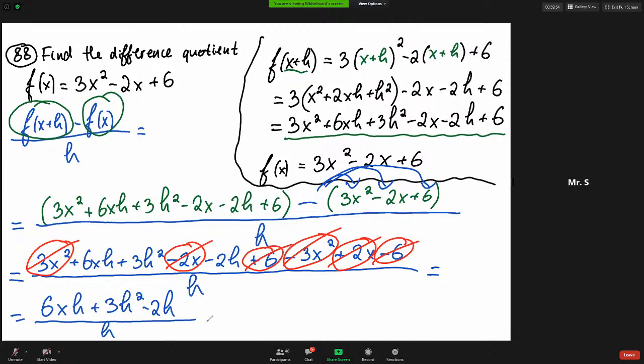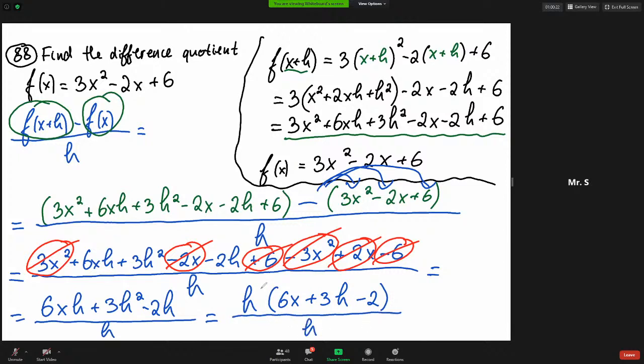And before we can reduce something, we have to make sure it's factored. So now we have to remember a little bit of factoring. The numerator has a GCF of h. I can factor it out from each term, leaving me with 6x from the first term plus 3h from the second term minus 2 from the third term.